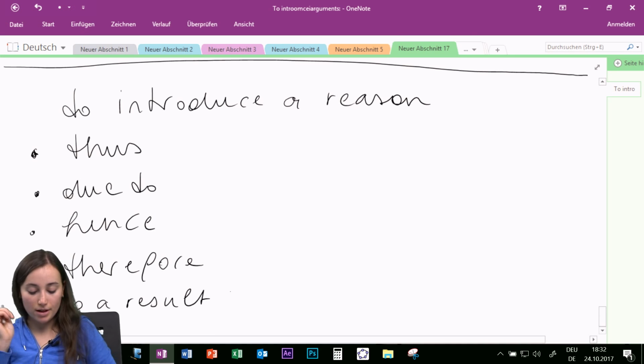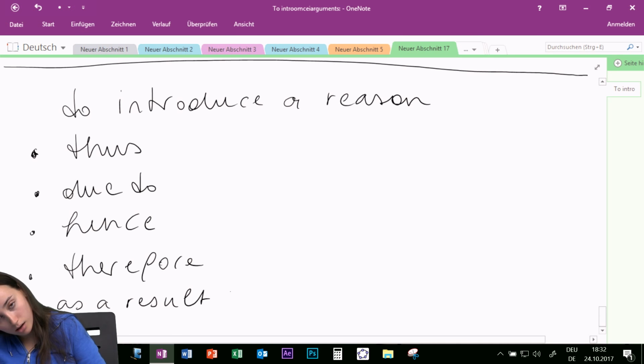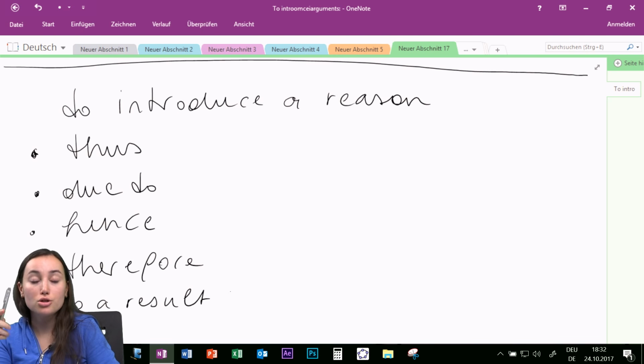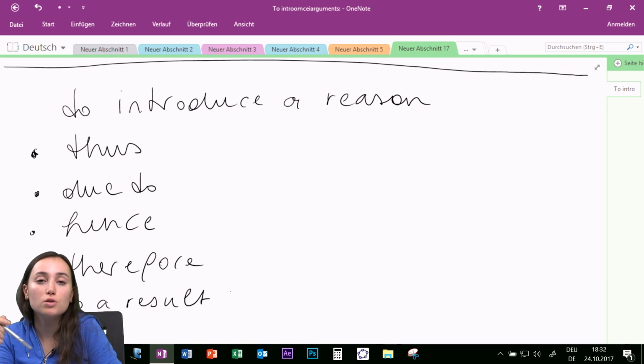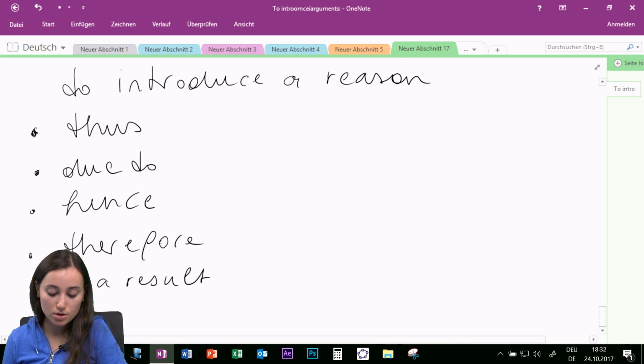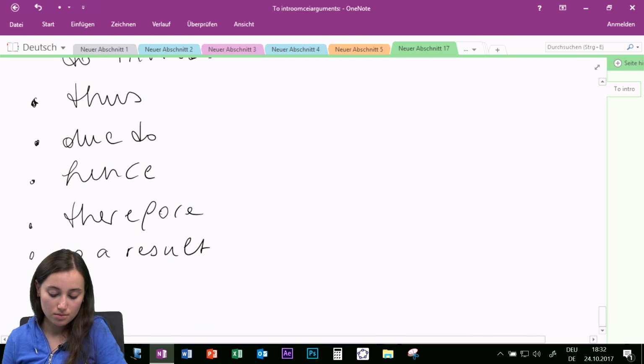So let me think of an example. Due to a lot of pollution caused by tourism, it is seen as something negative. Okay, so thus, due to, hence.